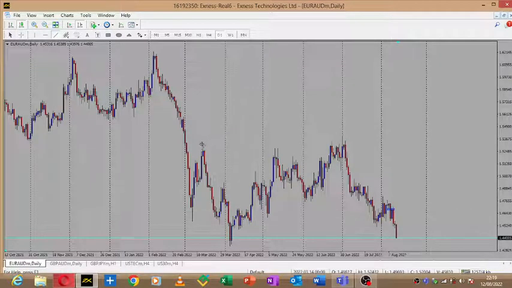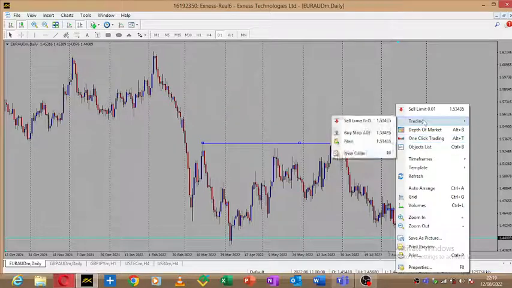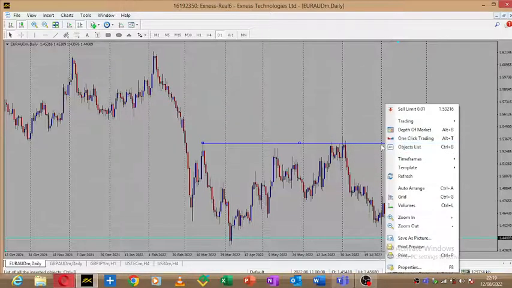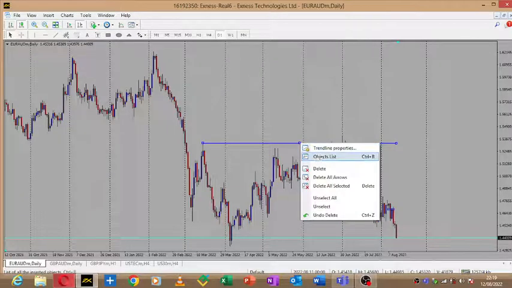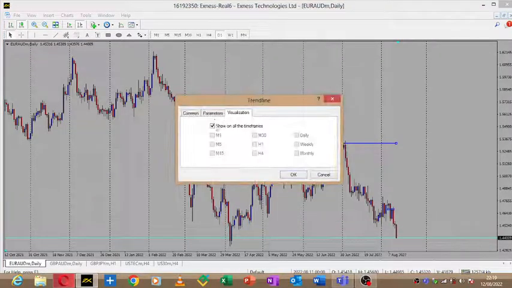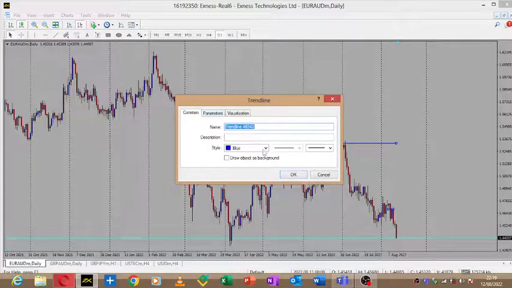We knew that the trend was bearish on the weekly and on the daily. I'm just gonna show you the daily trading zone real quick.